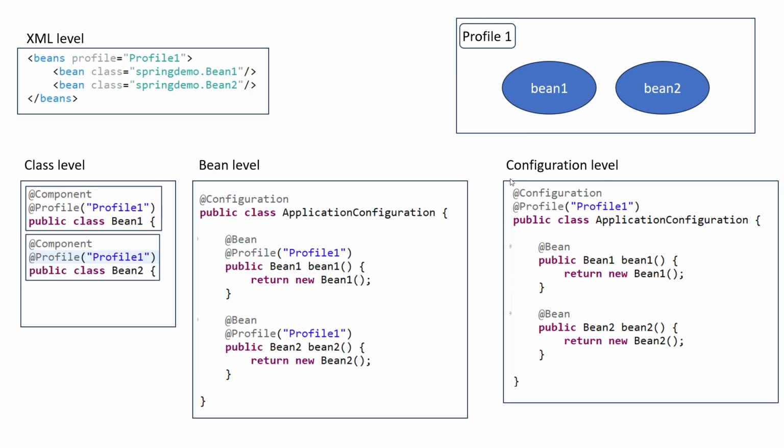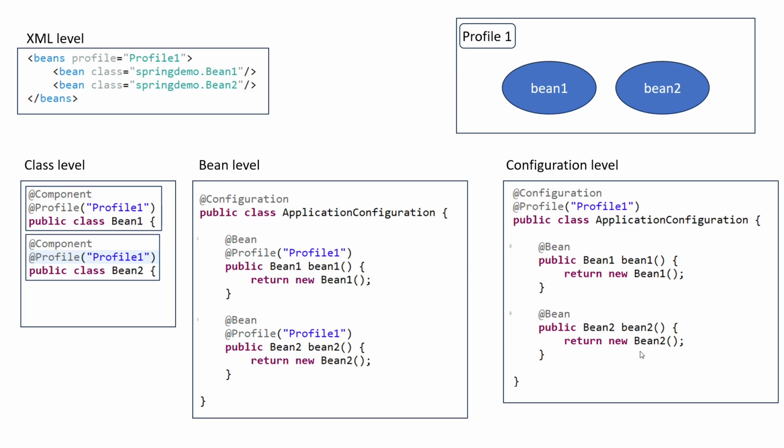And one more interesting thing is, at the class level, for the configuration class, let's say I'm using the @Configuration annotation and also @Profile. Whatever beans are created within this class will all become part of profile 1 only. So this is another way of doing it. On top of the class, if you put this profile annotation, what will happen?